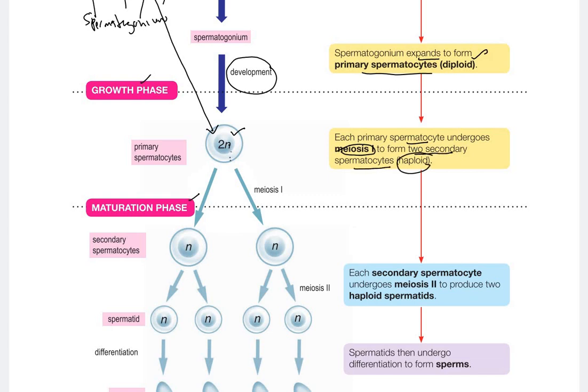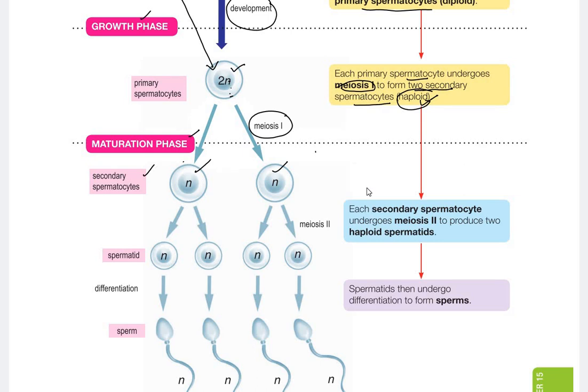So this primary spermatocyte will undergo meiosis 1 to produce 2 secondary spermatocytes. So now the secondary spermatocyte is haploid. Okay, because meiosis 1, still remember, halves the number of chromosomes. Okay, and then each secondary spermatocyte undergoes meiosis 2 to produce 2 haploid spermatids.